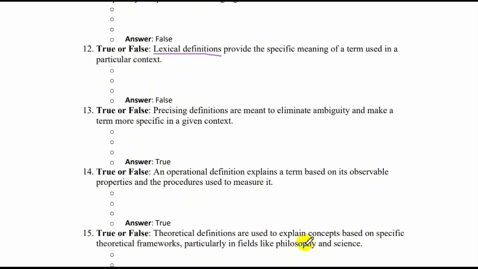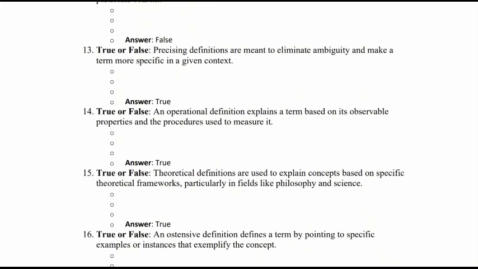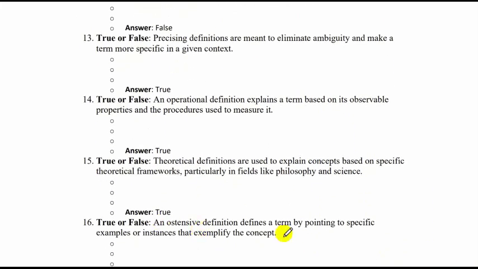Theoretical definitions are used to explain concepts based on specific theoretical frameworks, particularly in fields like philosophy and science. True. An ostensive definition defines a term by pointing to specific examples or instances that exemplify the concept.